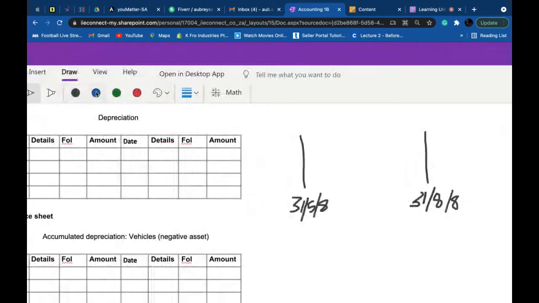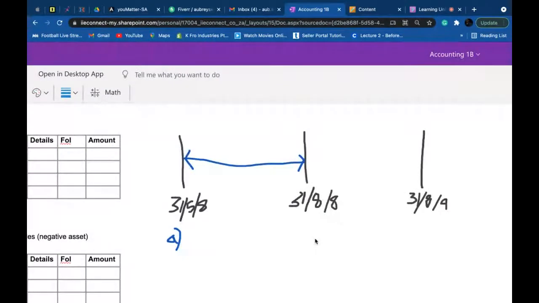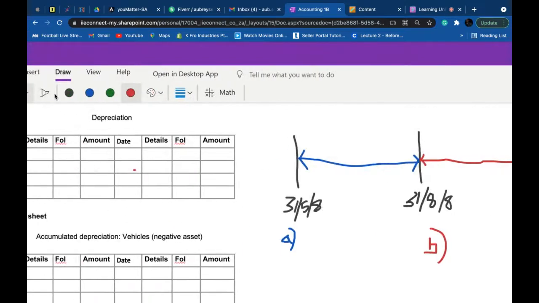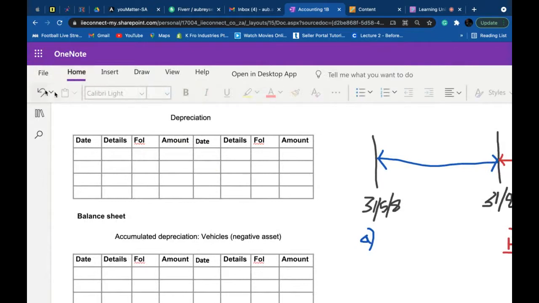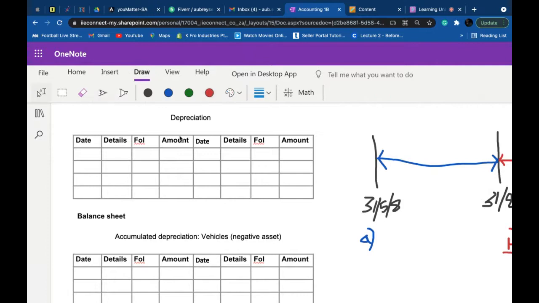Okay. So what is the time frame here? And what is the time frame there for B? Okay, cool.